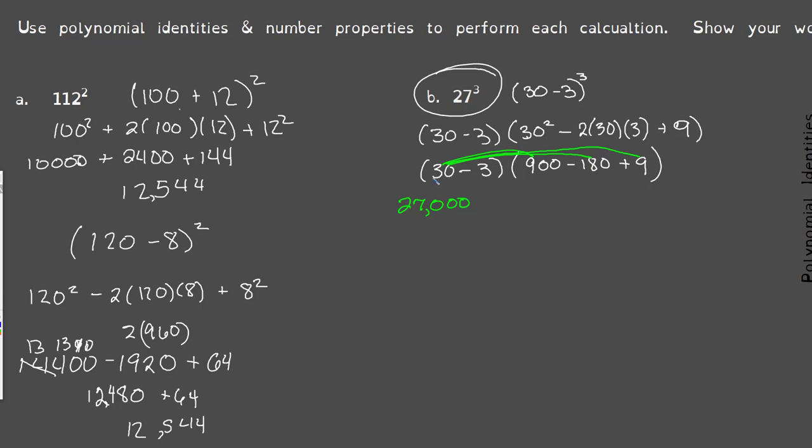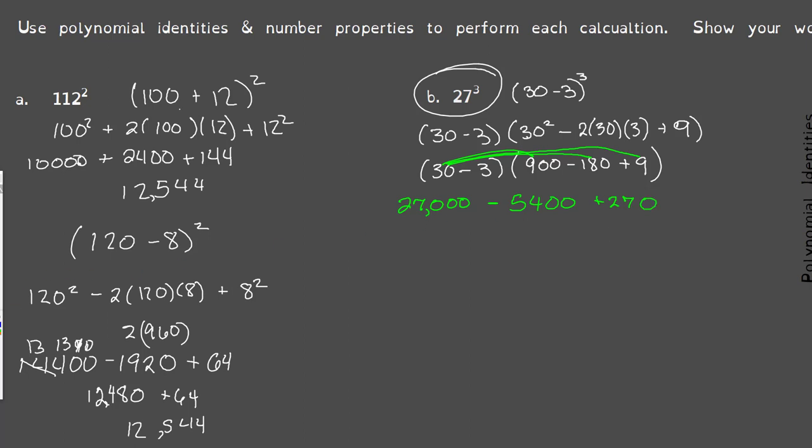And so if I do 3 times 18, that gives me 54. Carry the 2, 540. And there's 2 zeros. 30 times 9 is 270.